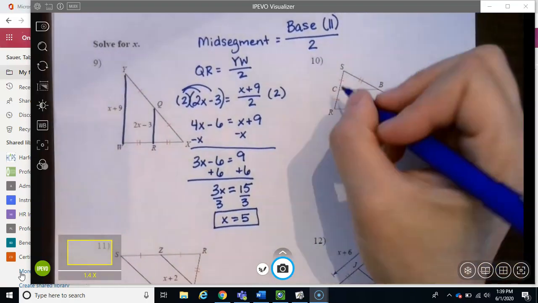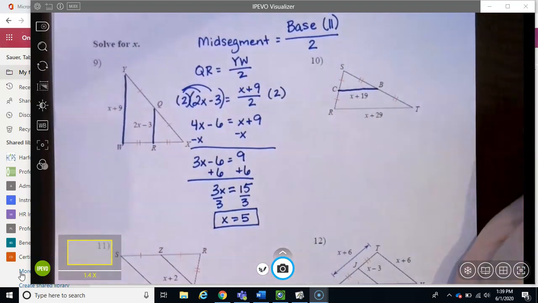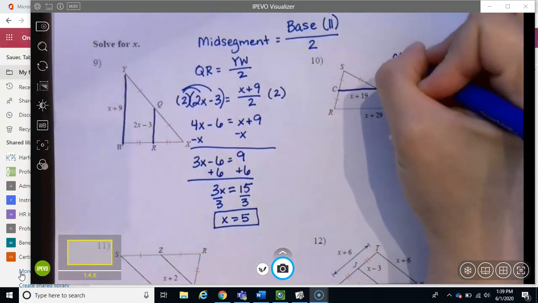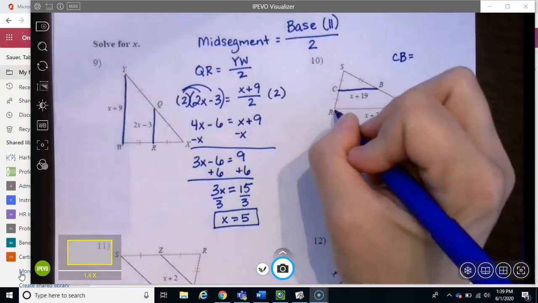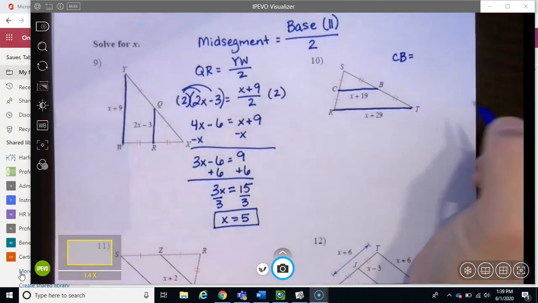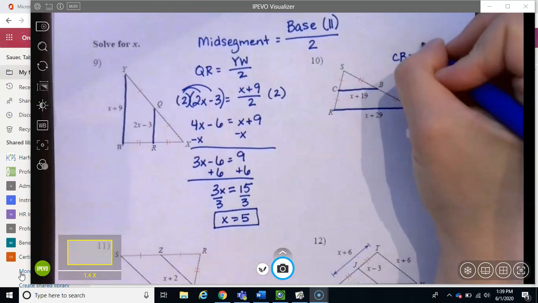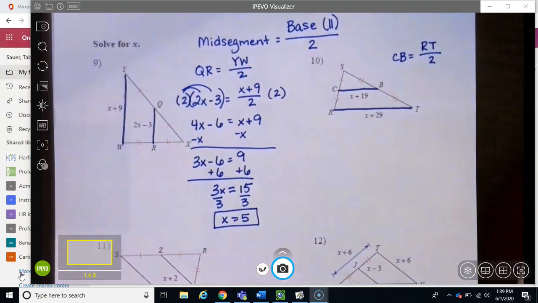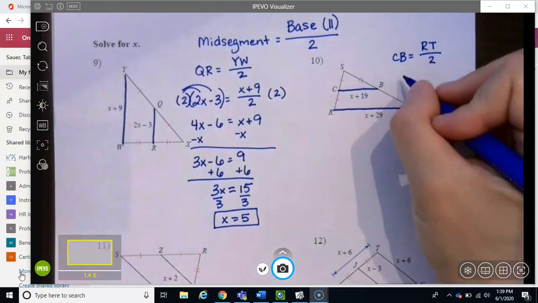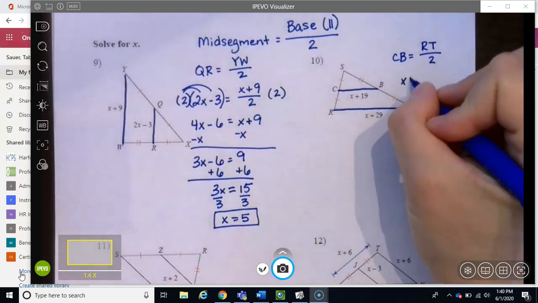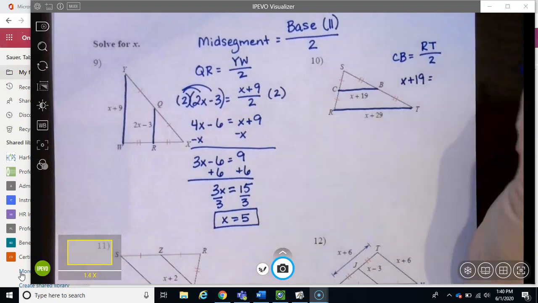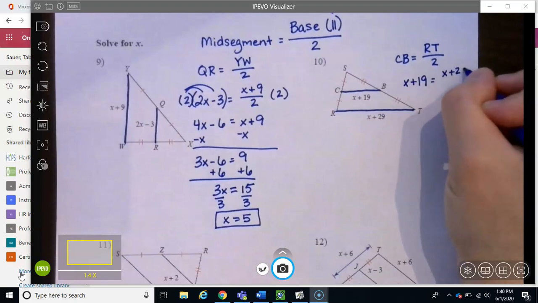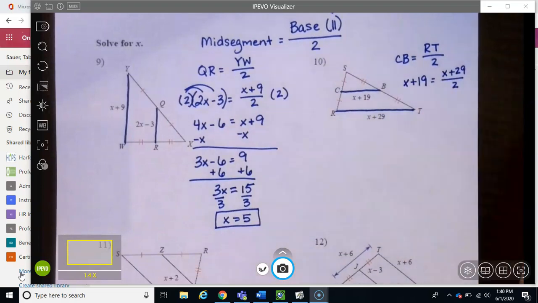On the next one, our mid-segment is CB is equal to the base that's parallel to that, RT, divided by 2. And then substitute everything in. So CB was x plus 19 is equal to x plus 29 divided by 2.